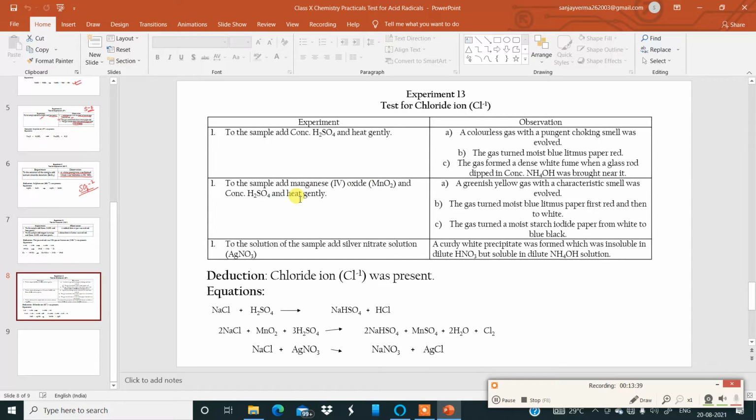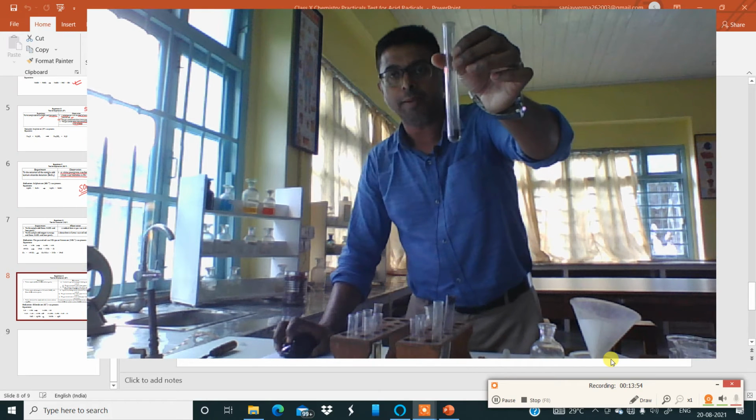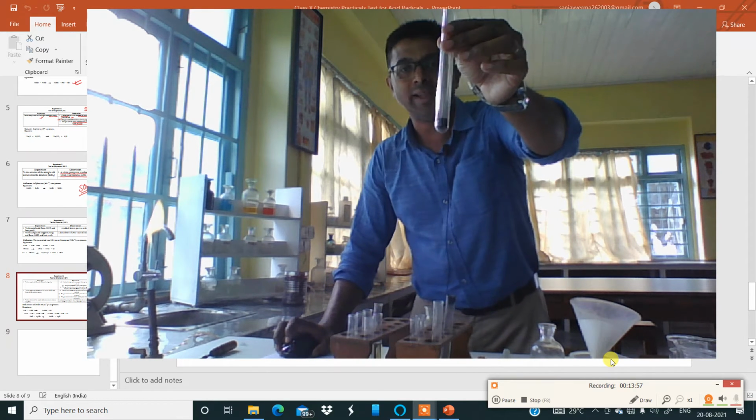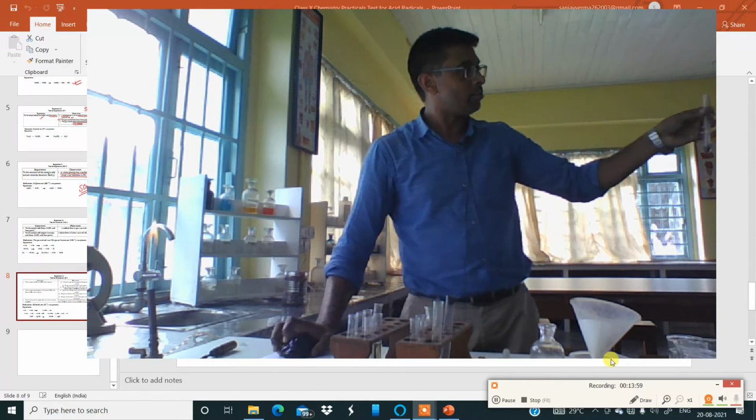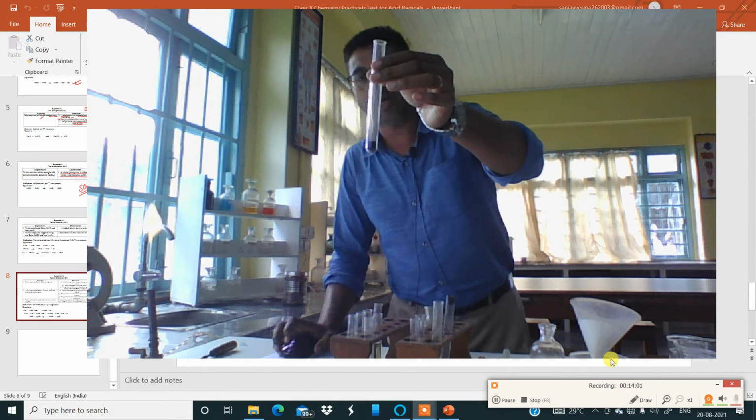I have already mixed the sample with manganese dioxide beforehand in a test tube. You can see manganese dioxide is black in color and the sample is sodium chloride.